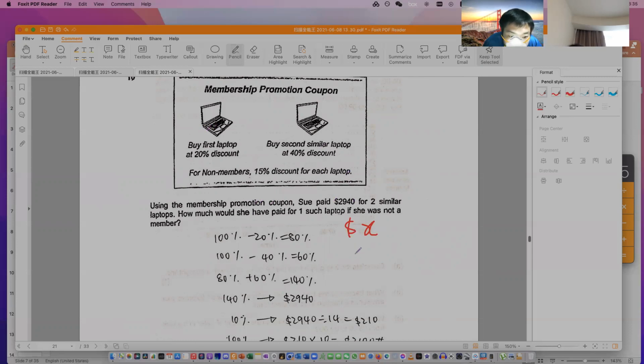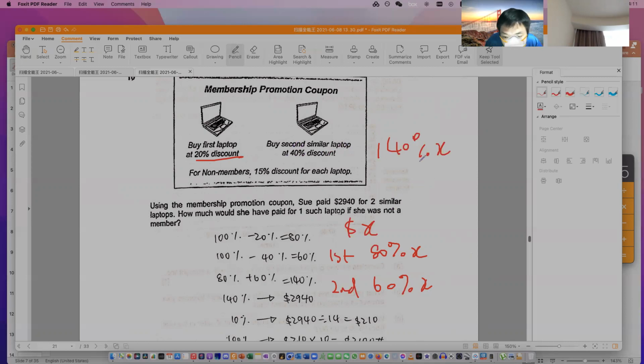The first laptop is given 20% discount, so the person will pay 80% X. Then for the second similar laptop, 40% discount, so the second one will be 60% X. Therefore, if you add these two up, you get 140% X for the price of 2.